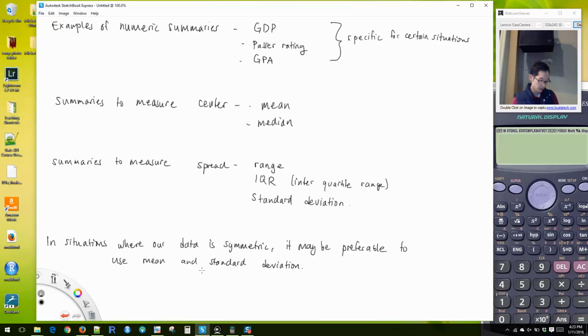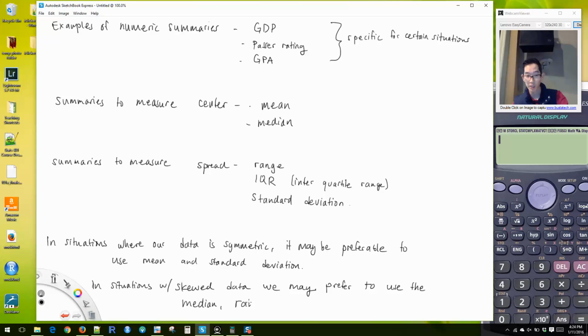And in situations for skewed data, prefer to use the median, range, and IQR.